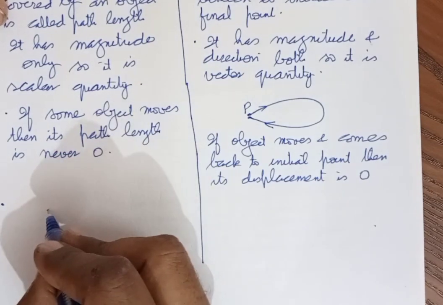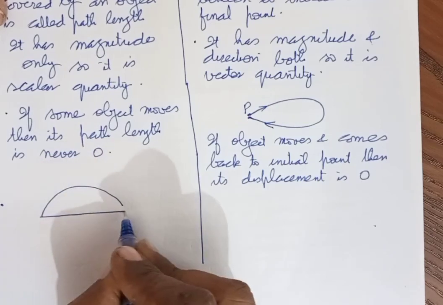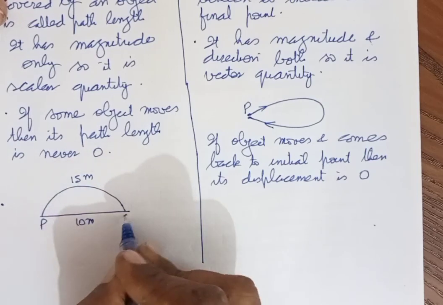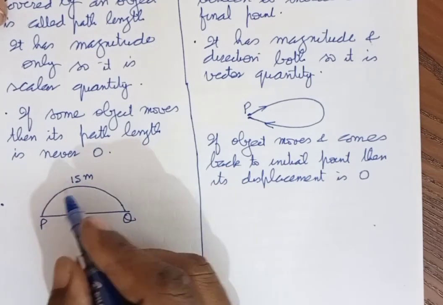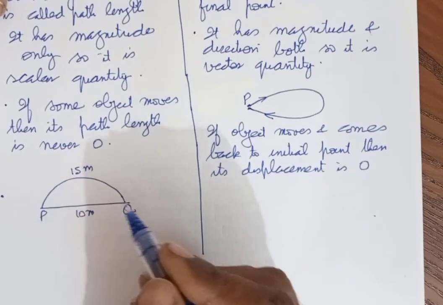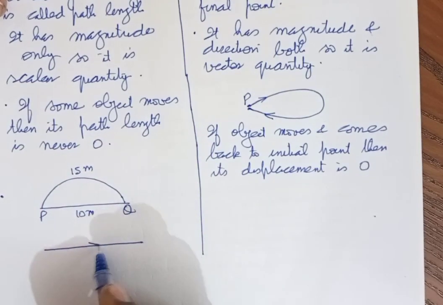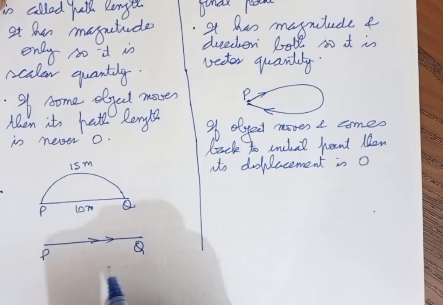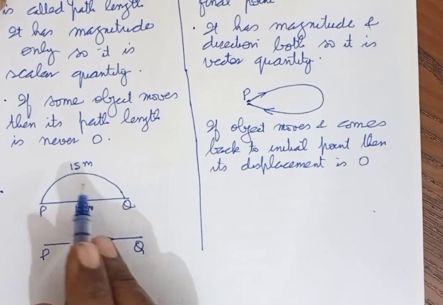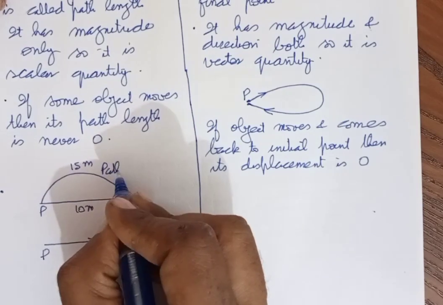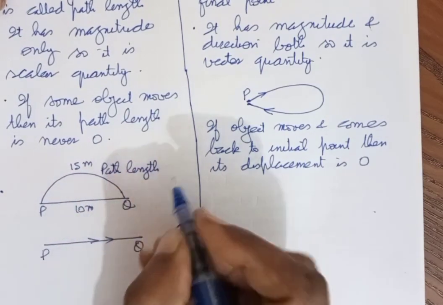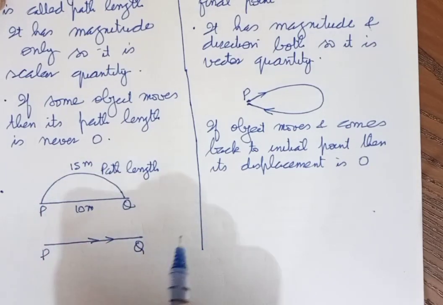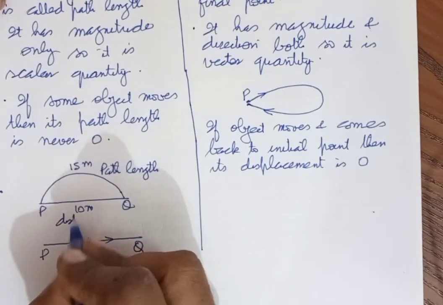Here you can say this is 15 meter, this is 10 meter. 10 meter is the displacement and the path length is 15 meter. So path length is greater. In certain cases, if the object is moving in a straight line, then they are equal. So path length is either equal to or greater than the displacement. If the object moves in a curvilinear path, then path length is always greater. If it is a straight line path and never returns, then both are equal.